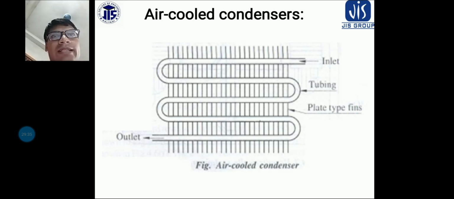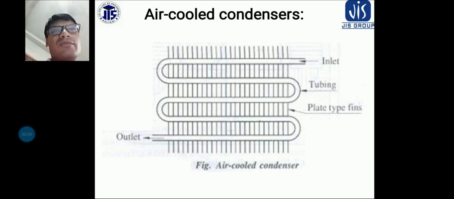So RE plus W, and the heat rejection factor for a condenser is defined as the ratio of heat rejected at the condenser to the refrigeration effect. So heat rejection factor is equal to QC by RE. QC is the heat rejection in the condenser, and RE is the refrigeration effect, and QC is equal to RE plus W. So that is (RE plus W) by RE, so 1 plus 1 by COP, because COP is equal to desired effect by work input.